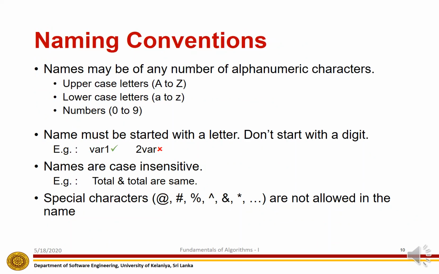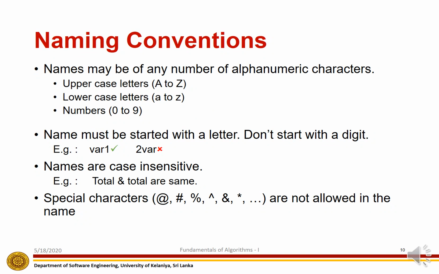Naming conventions. Here, I would like to give you a brief introduction about naming conventions. A naming convention is a set of rules for choosing the character sequence to be used for identifiers which denote variables, types, functions, and other entities in the source code and documentation.